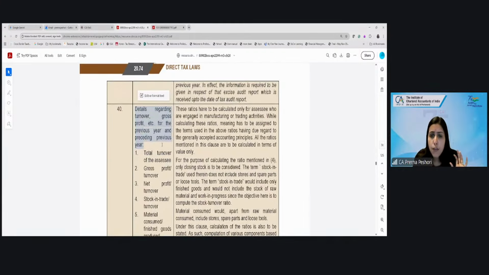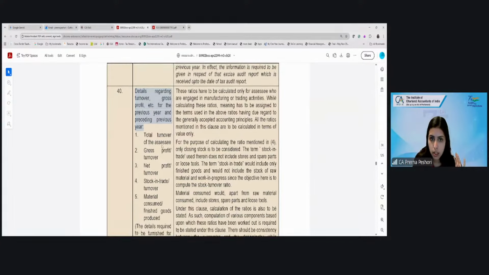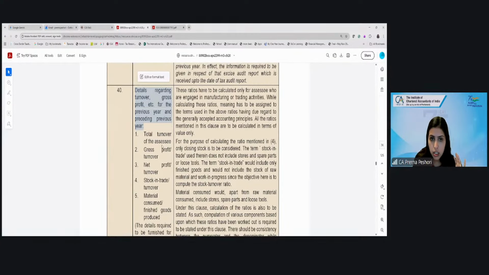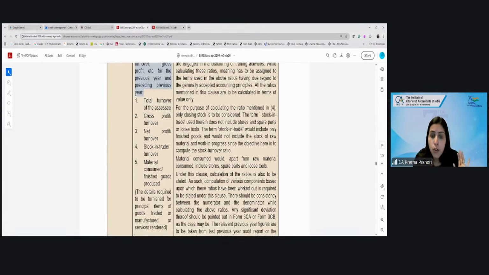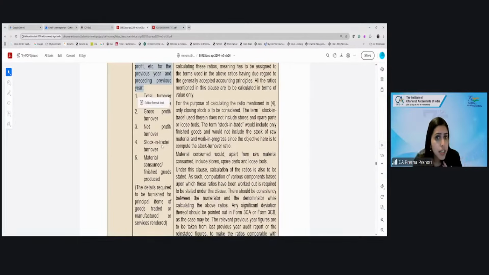Now, these ratios have to be calculated only for the assessees who are engaged in manufacturing or trading activity. Right? And as per the financial accounts only. So here, the stock in trade will include only the stock of finished goods and not of any WIP or raw material.